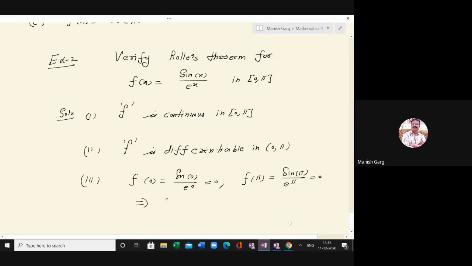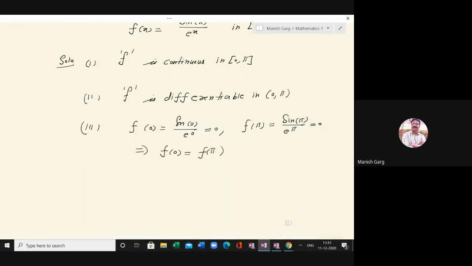So f(0) is equal to f(pi). So in this example all three conditions of Rolle's theorem are satisfied.